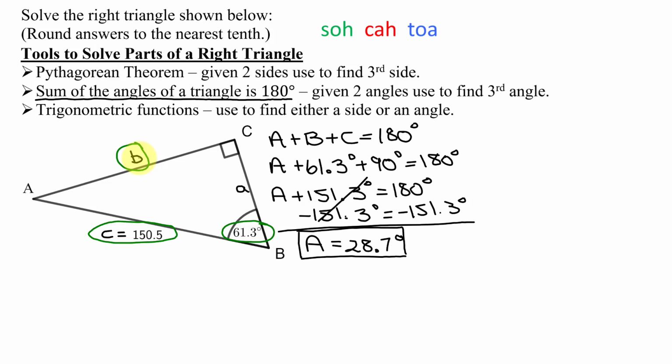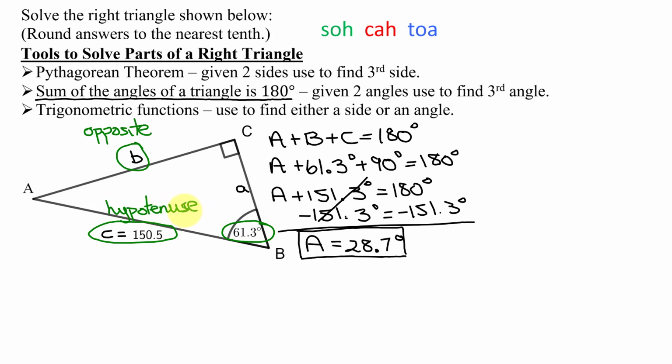And what is the relationship of side B and side C to angle B? Well, side B is the side that is opposite my angle B. C is the side opposite the right angle, so it is the hypotenuse.